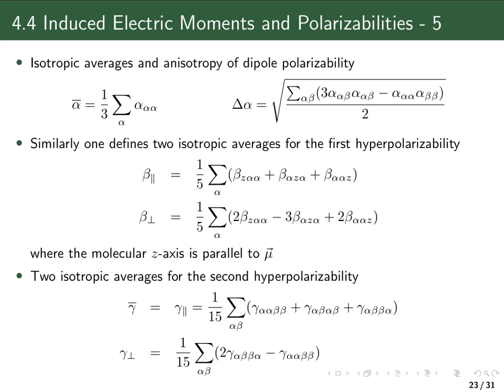So the electric dipole moment is pointing along the Z-axis. Also for the second hyperpolarizability, there are two isotropic averages around. Again, a parallel or a perpendicular, and sometimes you will find that this parallel is also just written with a bar above it, like for the polarizability. And these are the two definitions of how you can calculate them.